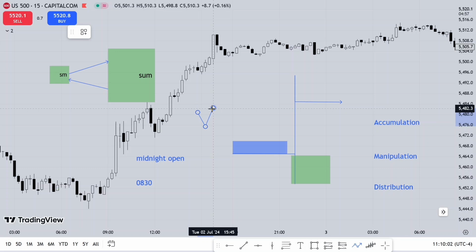And when it does this, retail traders will see this as a strong level that they don't want to be violated, so they'll place their stop losses under this place, expecting higher prices. That means they are correct in their bias, but they are not correct in how they engage in the marketplace. So when the market does this, during the manipulation phase, price will come and take out their lows, will take out their stops and rally higher.